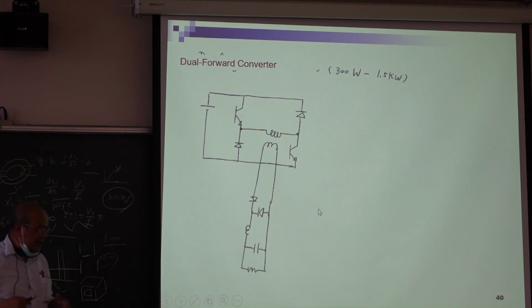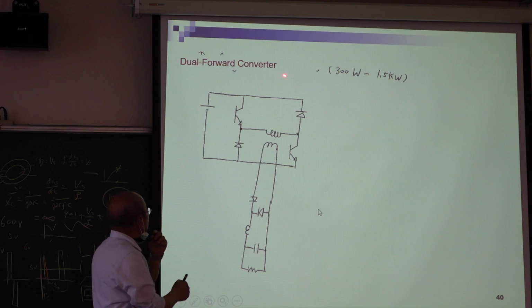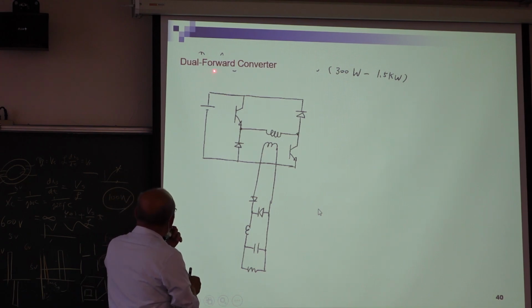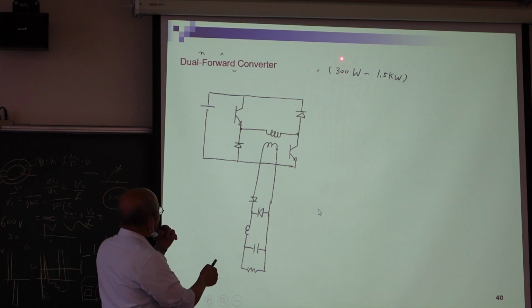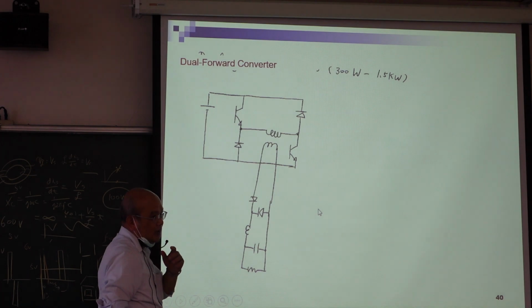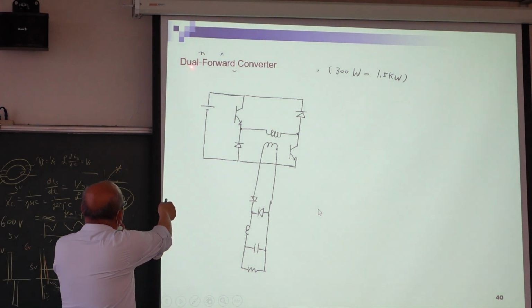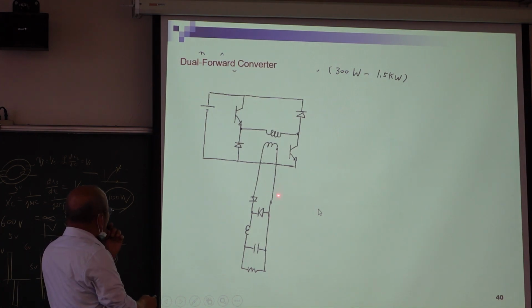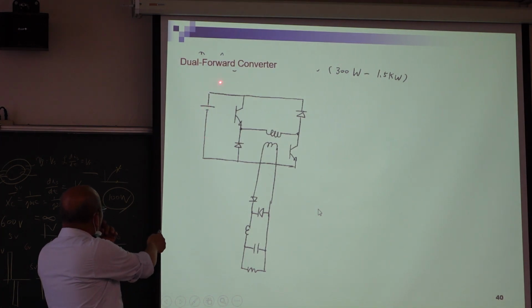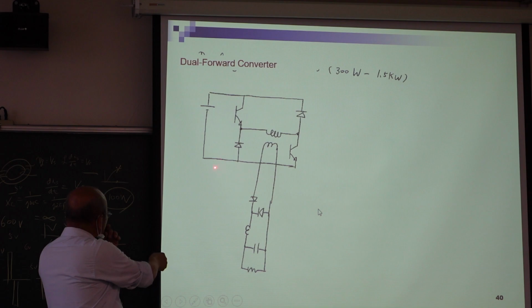And you say, I need something between forward and H bridge. So I need 300 volt to 1.5 kilowatt. Then what can you use? Dual forward converter. So what is the dual forward converter? If you turn on this one, then you can go this way, plus, minus.